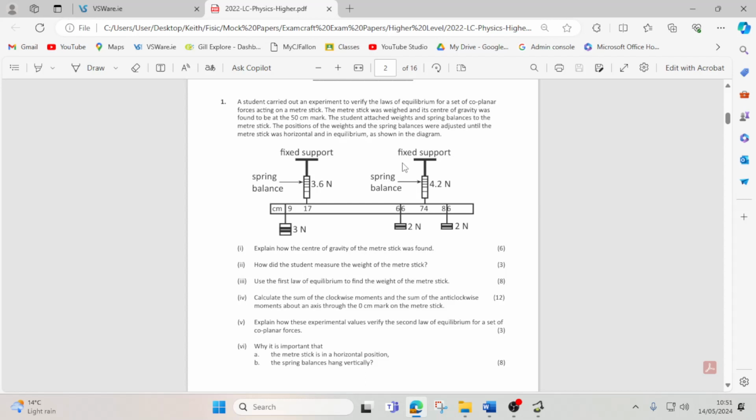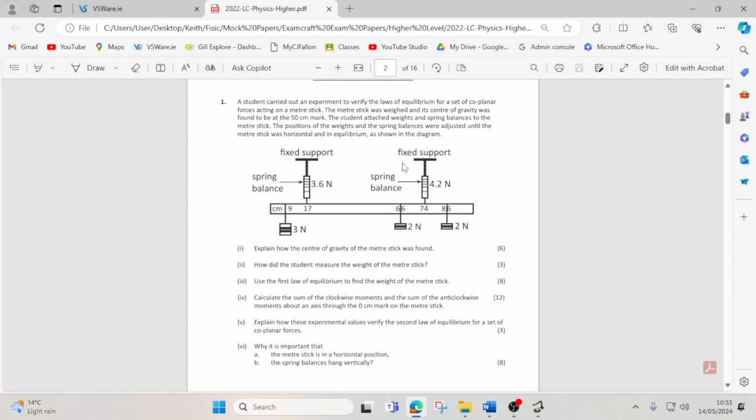What's the mass? Force equals mass times acceleration due to gravity, so divide by 9.8 to get the mass. Does that make sense?